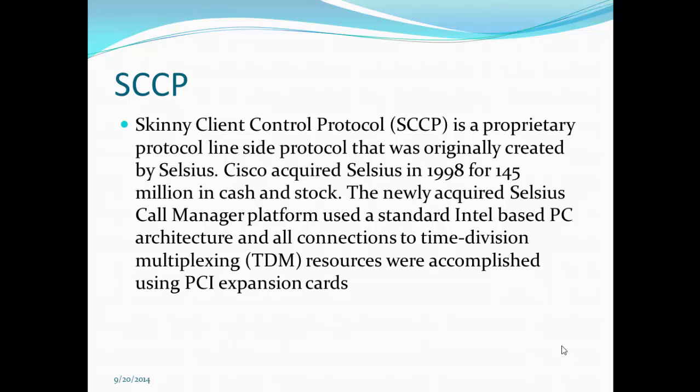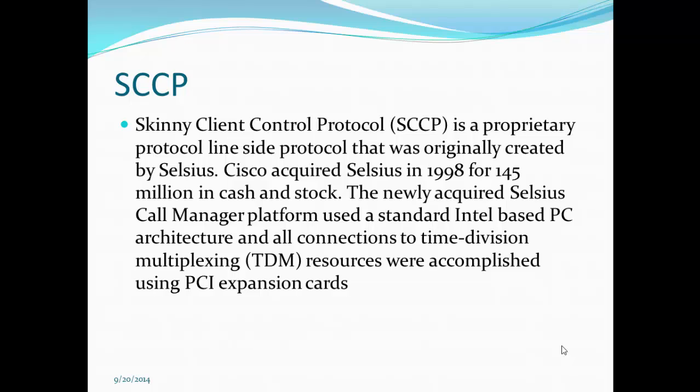The next signaling protocol that we're going to talk about is the Skinny Client Control Protocol, or people usually call it the Skinny protocol. It is a proprietary protocol that was originally created by Selsius. Cisco acquired Selsius in 1998 for 145 million in cash and stock.